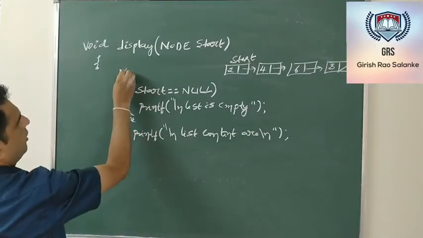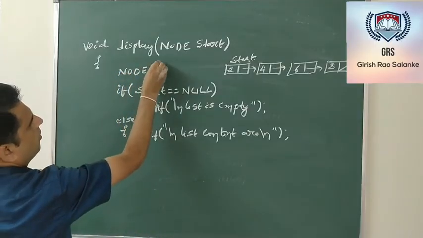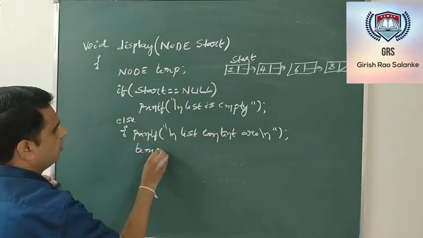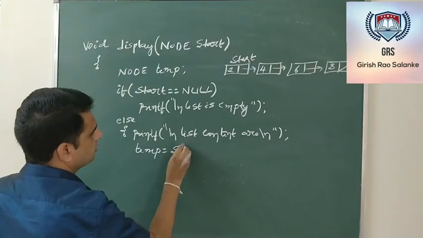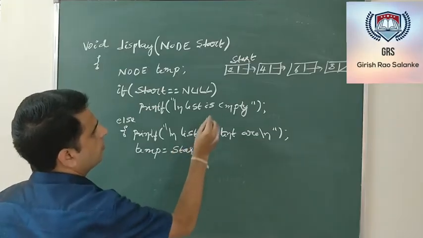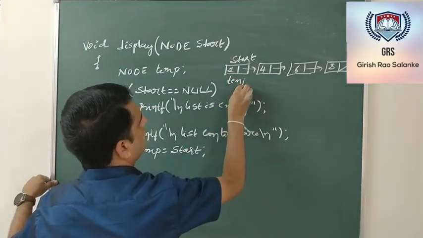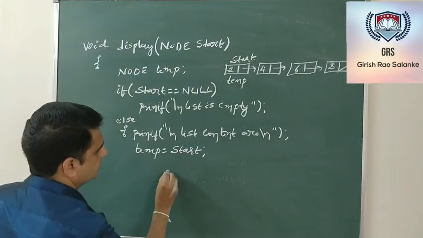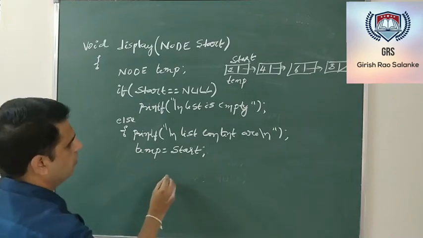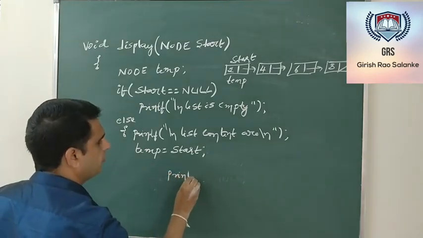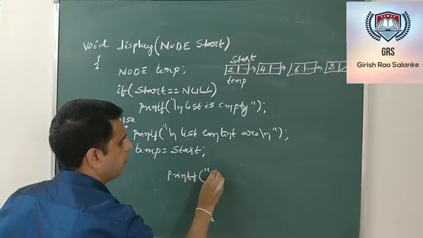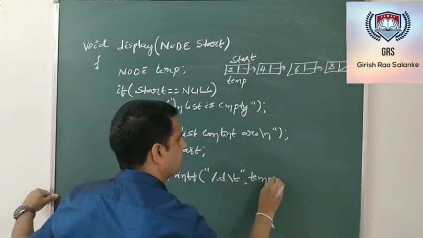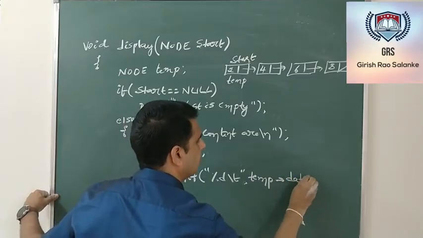So take a variable by name temp, make temp hold the address of the first node. Temp is equal to start. Now temp is pointing here. Now what you need to do, just print temp of data. Printf %d, a tab space, temp of data.